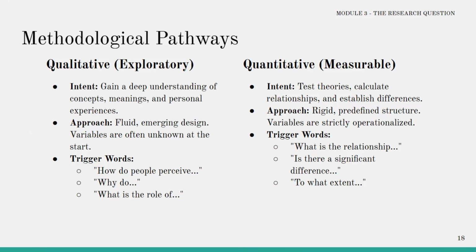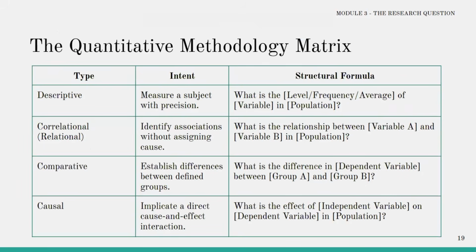Usually, quantitative research questions begin with keywords like what is the relationship of some factors, is there a significant difference between something, or to what extent is something impacting something? For quantitative methodology, we're not getting in depth here, nor in qualitative methodology, because in most cases the methodology is quantitative in engineering research projects.